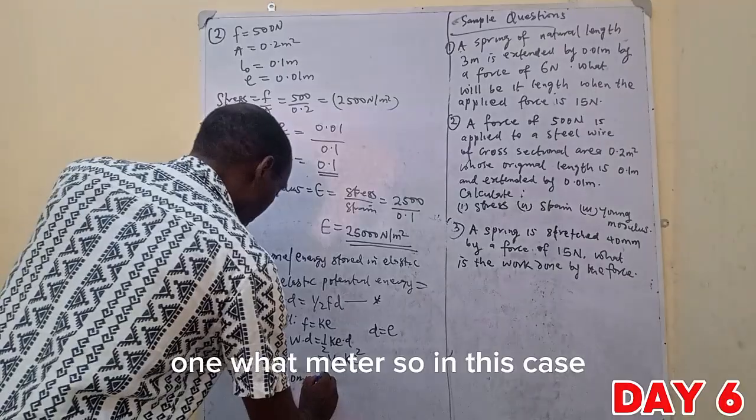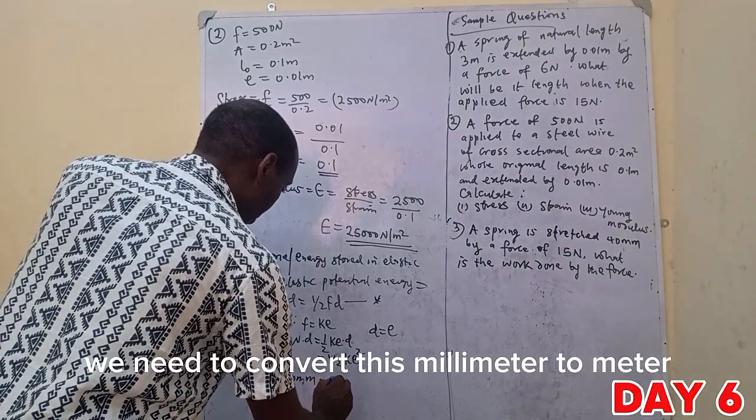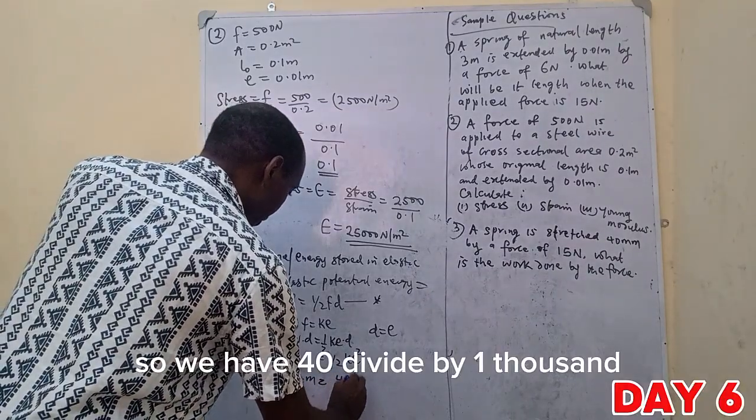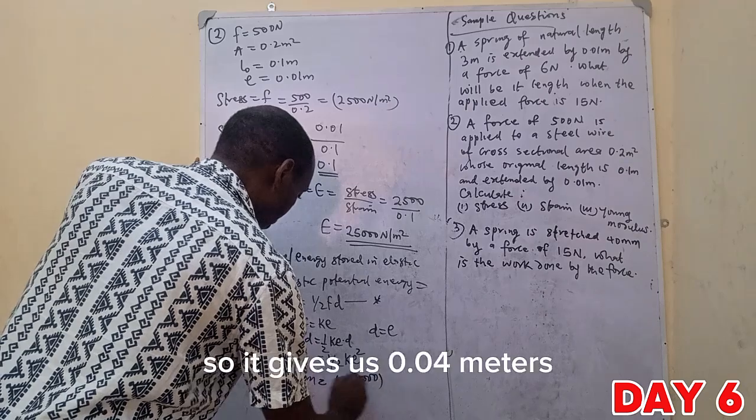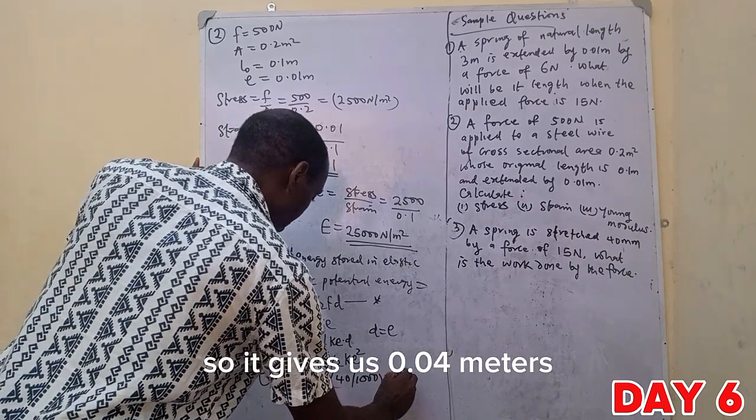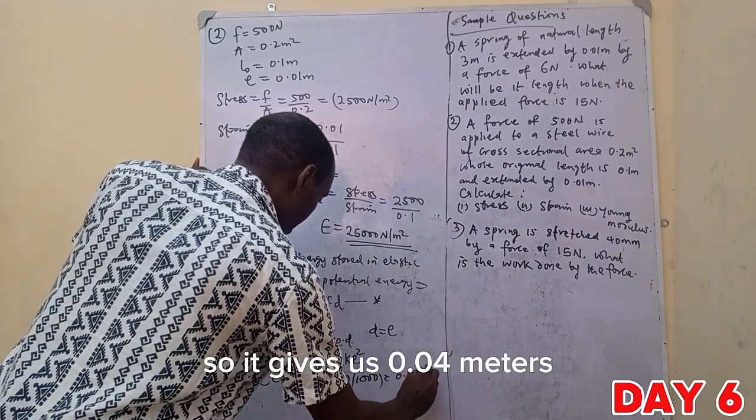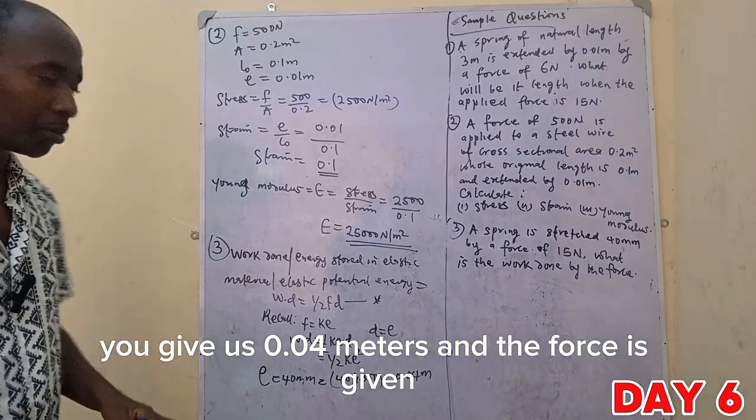In this case, we need to convert millimeters to meters. So we have 40 divided by 1000, which gives us 0.04 meters.